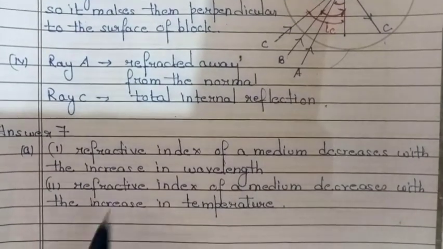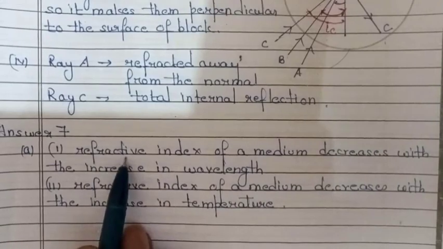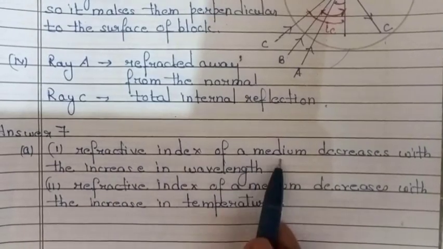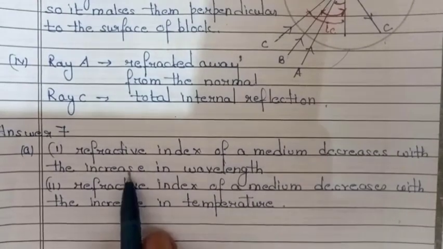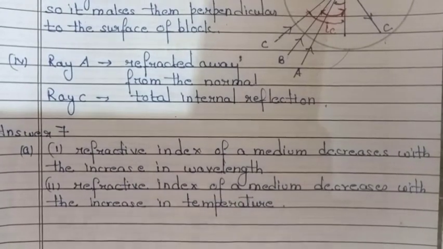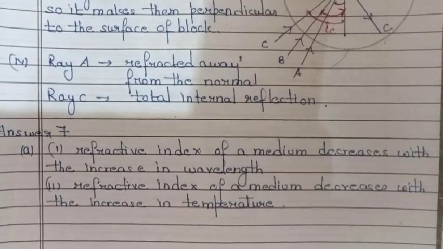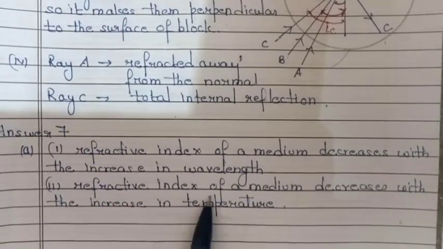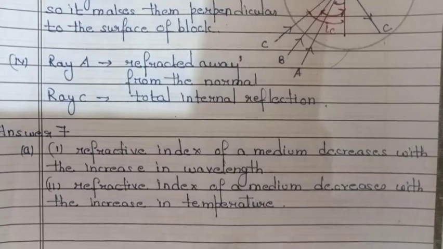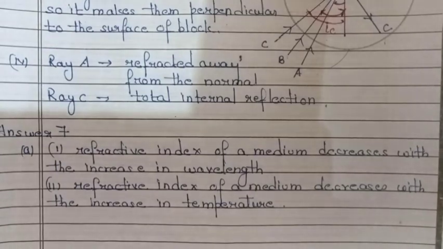The refractive index of a medium decreases with the increase in wavelength. So if wavelength increases, refractive index will decrease. Similarly, refractive index of a medium decreases with the increase in temperature of the medium.